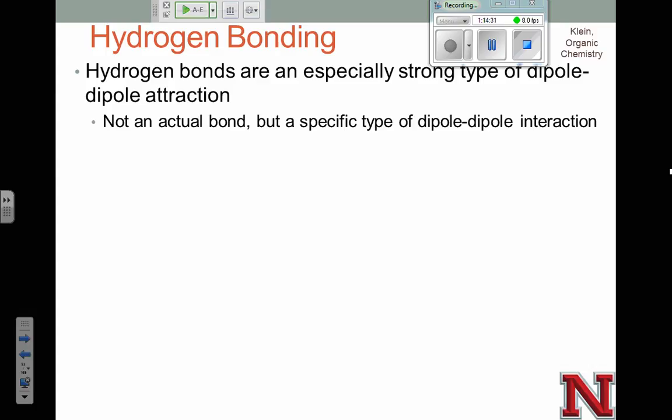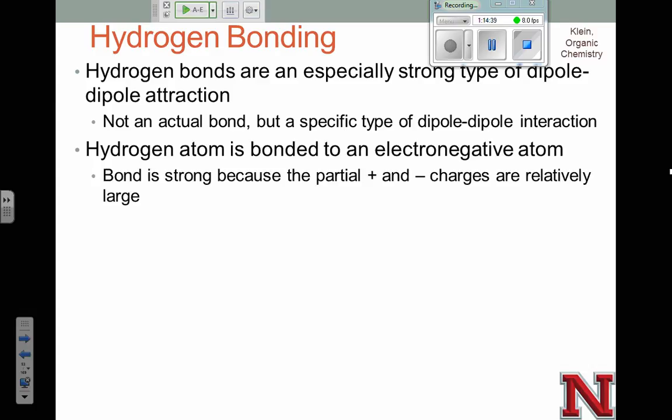Hydrogen bonds are not bonds, and they're actually just dipole-dipole interactions. They're just much stronger. And they're the strongest of our intermolecular forces, except for ionic dipole interactions and ionic interactions. So a full charge is clearly going to interact more.